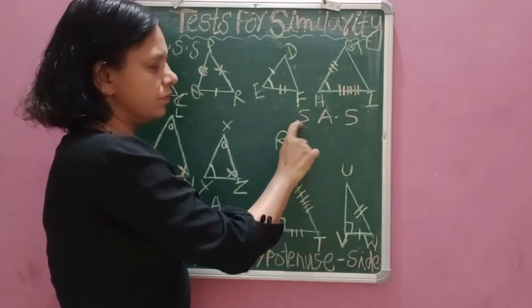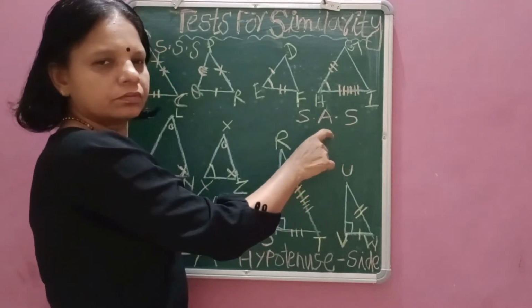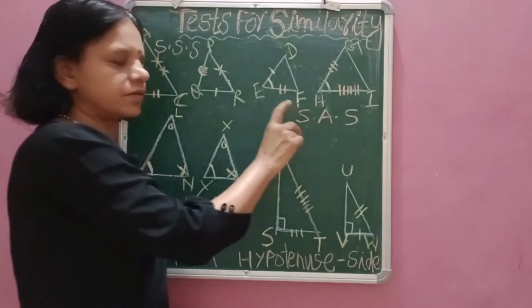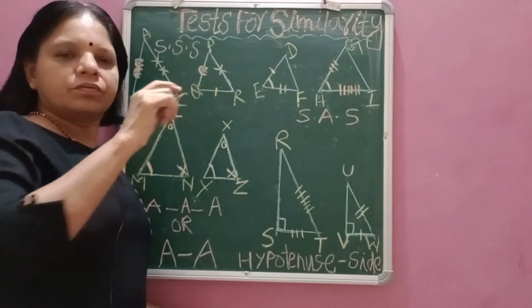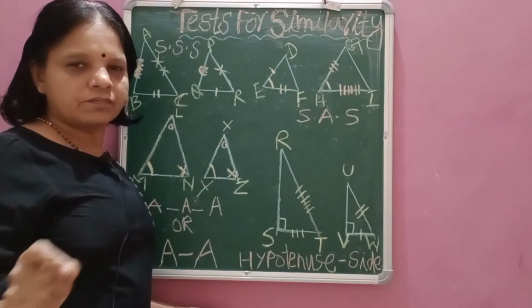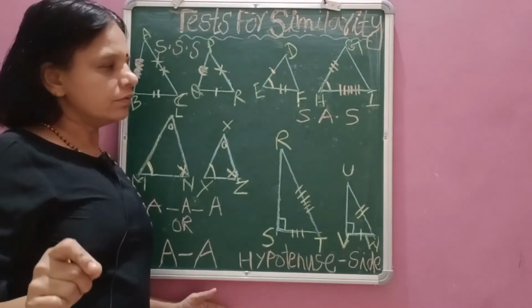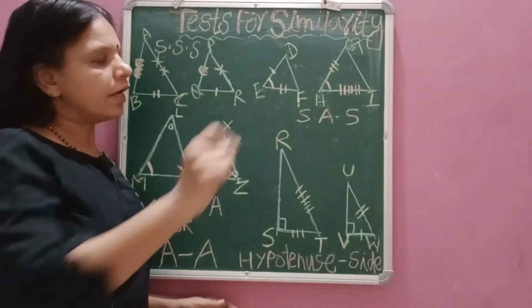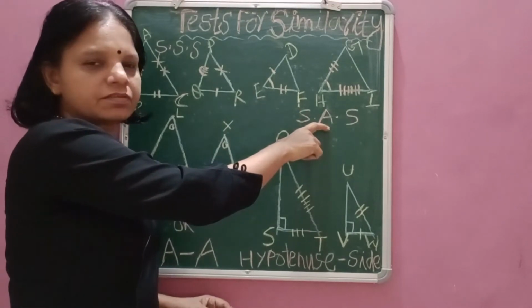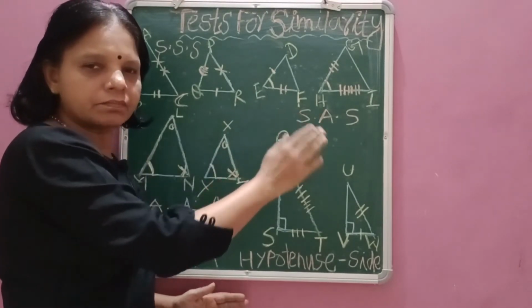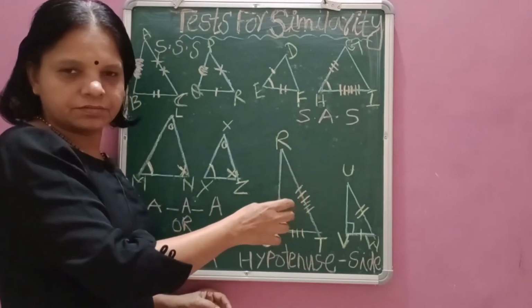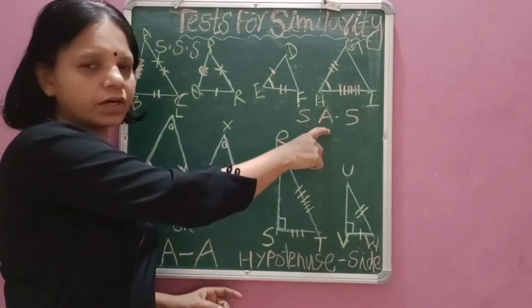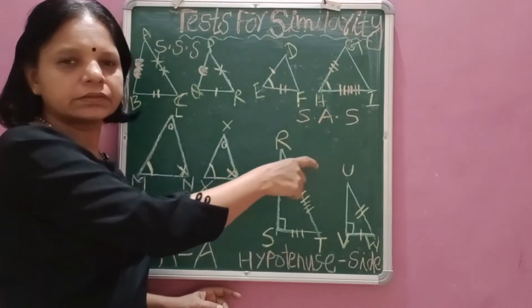See, A is in between the 2 sides. So in this test, we tested 2 of the pairs of corresponding sides, whether the ratio is equal. The third pair we have not tested. And which angle is tested? The angle in between the 2 corresponding sides of both the triangles. This angle is called the angle included by the sides.